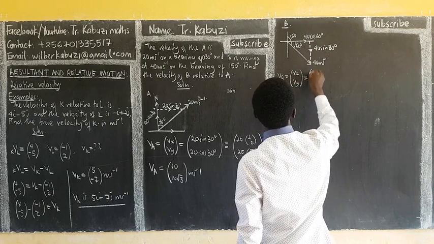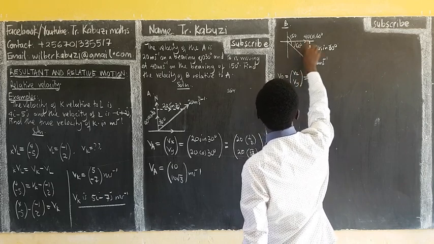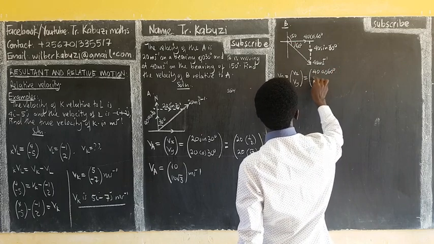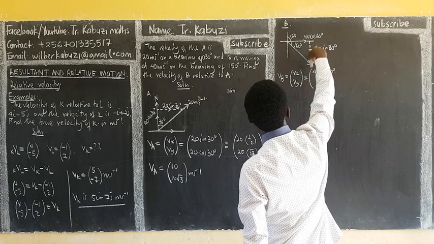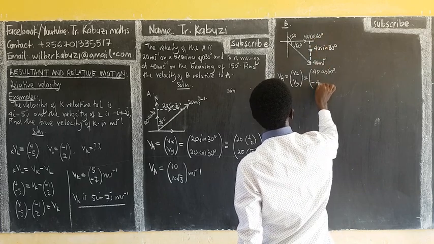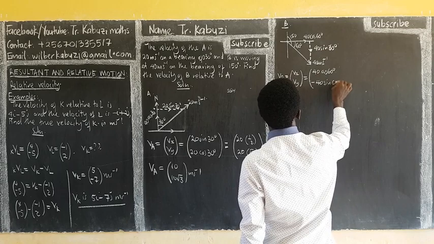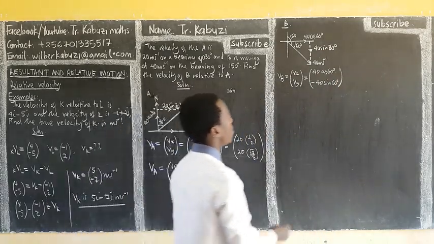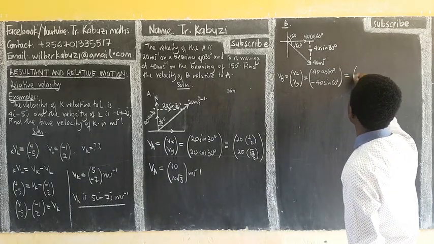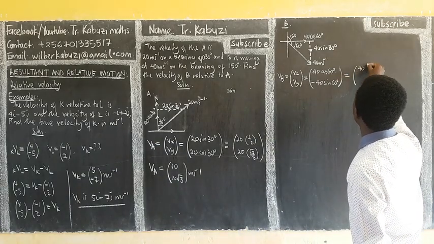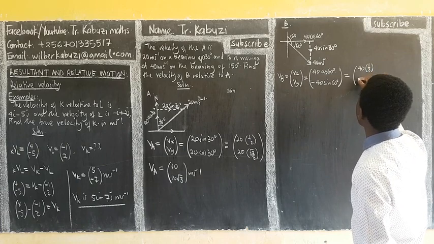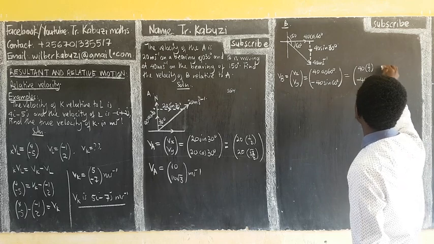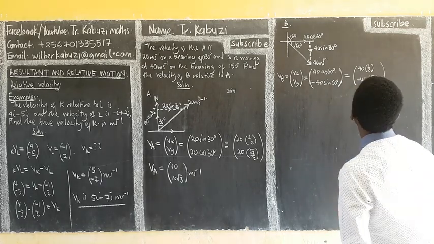Okay, so from there, my velocity of B has components Vx and Vy. The x component is going to be 40 cos 60 degrees. The y component is going in the negative, so it is negative 40 sine 60 degrees. I can simplify this: 40, cos of 60 is a half, then negative 40, sine of 60 is root 3 over 2. These are special angles.